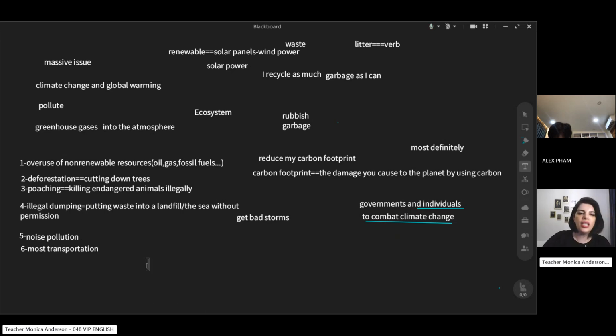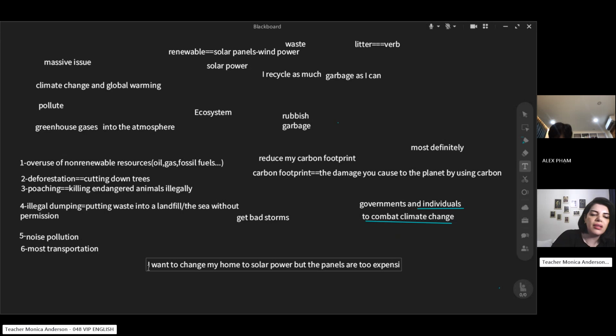The first one, you can say no, and you can say, actually, I want to change my home or my house to solar power, but the panels are too expensive to buy. So it's not easy. So unfortunately, we still use fossil fuels.